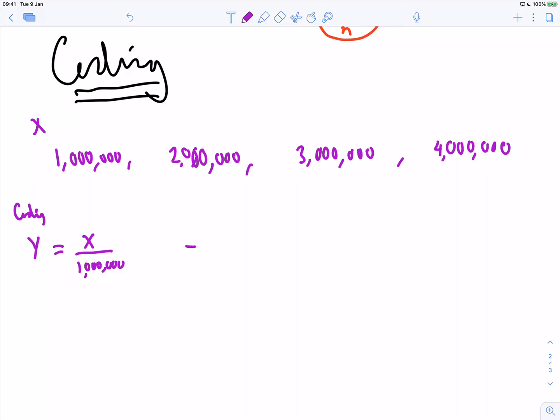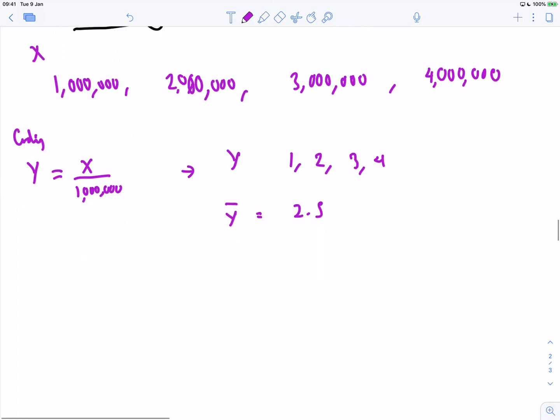And now this will mean that y is the data set of 1, 2, 3, 4. And all of a sudden it's really easy to work out what the average, y bar, is. That's just 2.5. And then now I can reverse the coding and say, well, x bar is just where I times that across. So x bar is 2.5 million.